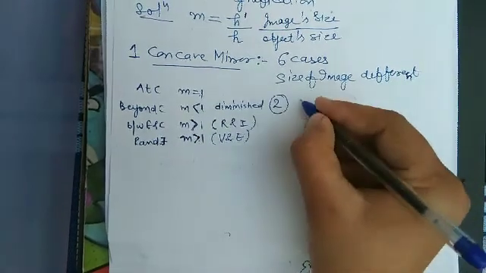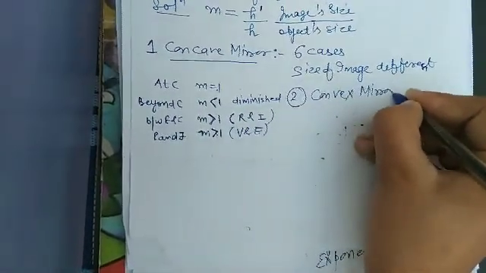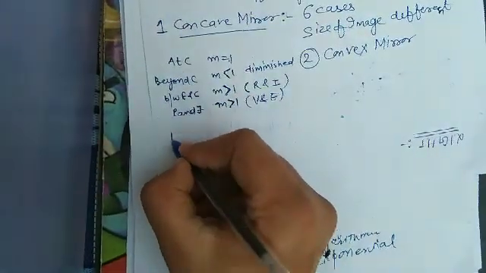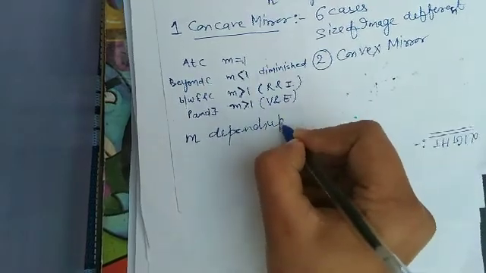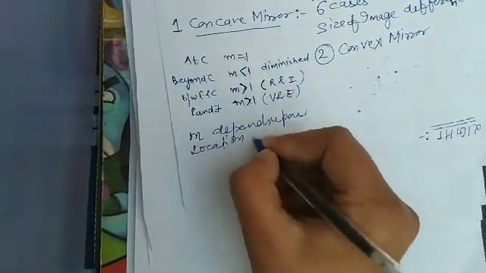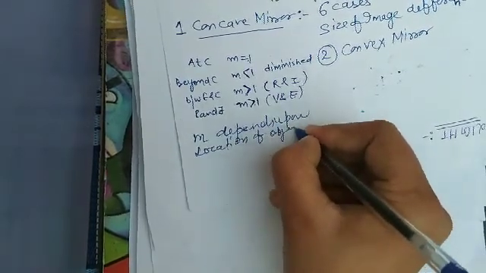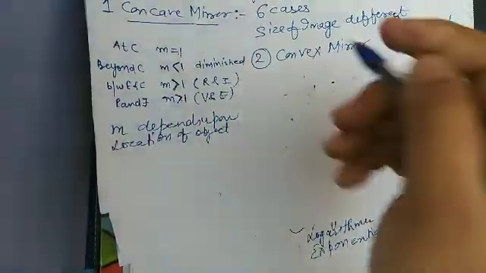Okay, so the second case is convex mirror. So I must write here m depends upon location of object. Okay, second case, that is convex mirror.